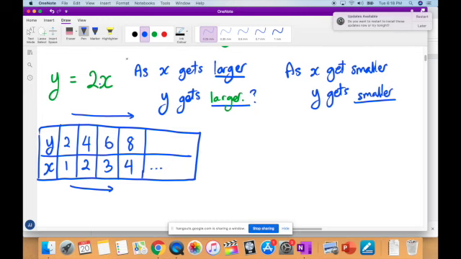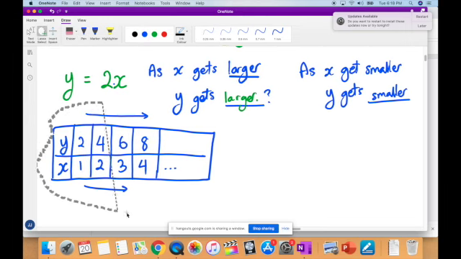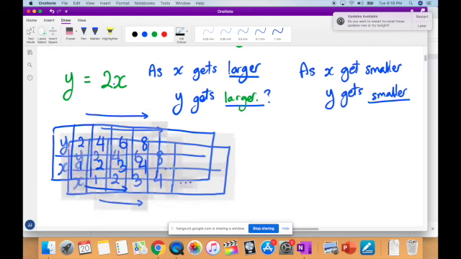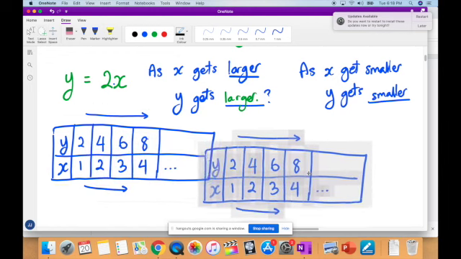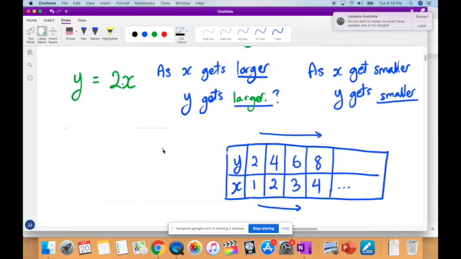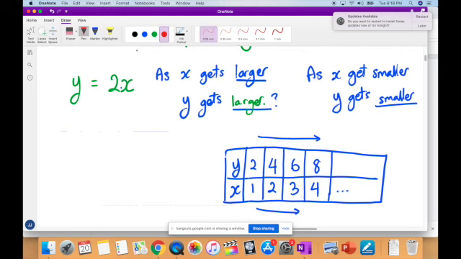So we could see here that they both have this same kind of thing where if x starts to climb up, then y will also get larger, y will also start to climb upwards. But if x gets smaller, y will also get smaller.